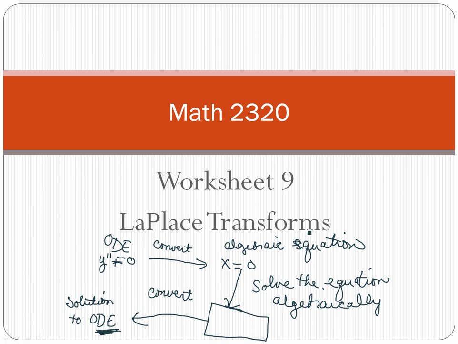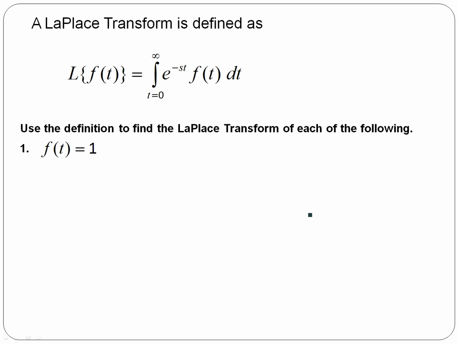Now, the Laplace transform will take a little bit of work, but the transform itself is really just an integral that gets applied. Here's the definition. A Laplace transform is defined as L. This is the symbol.